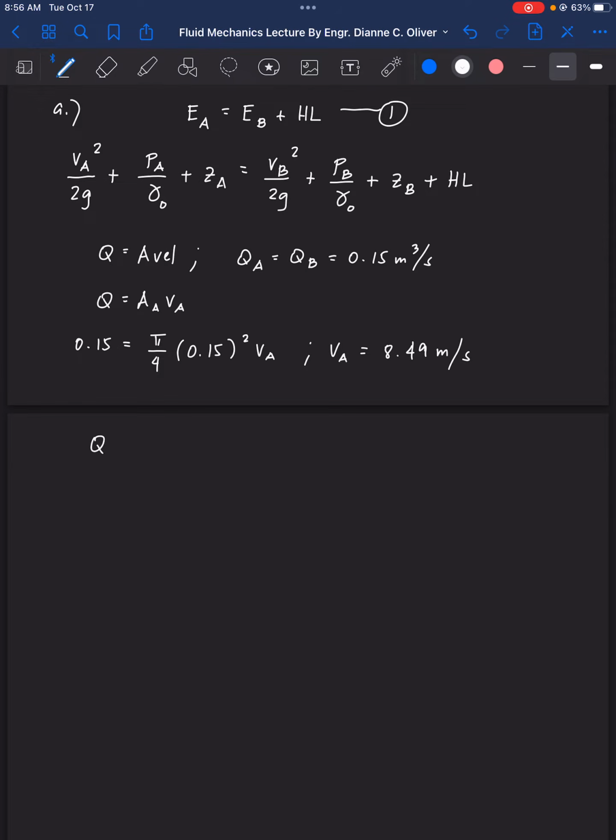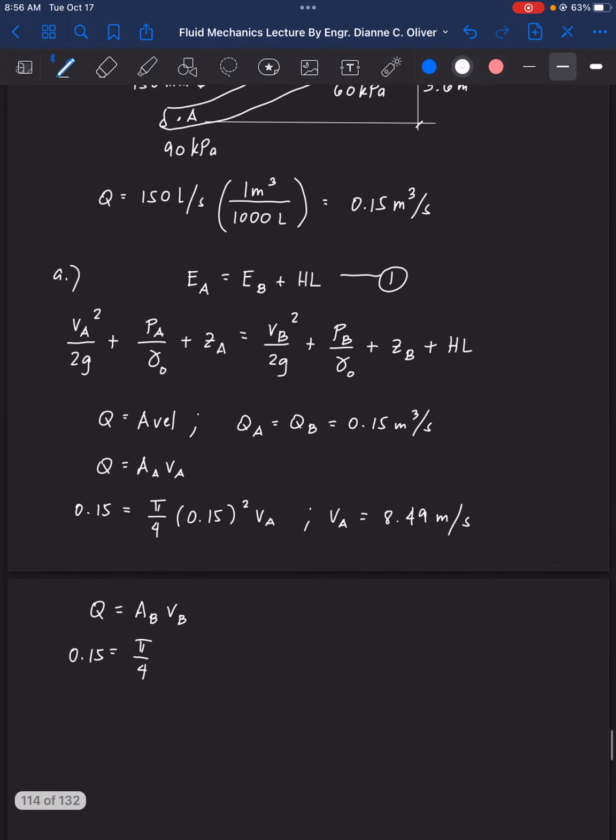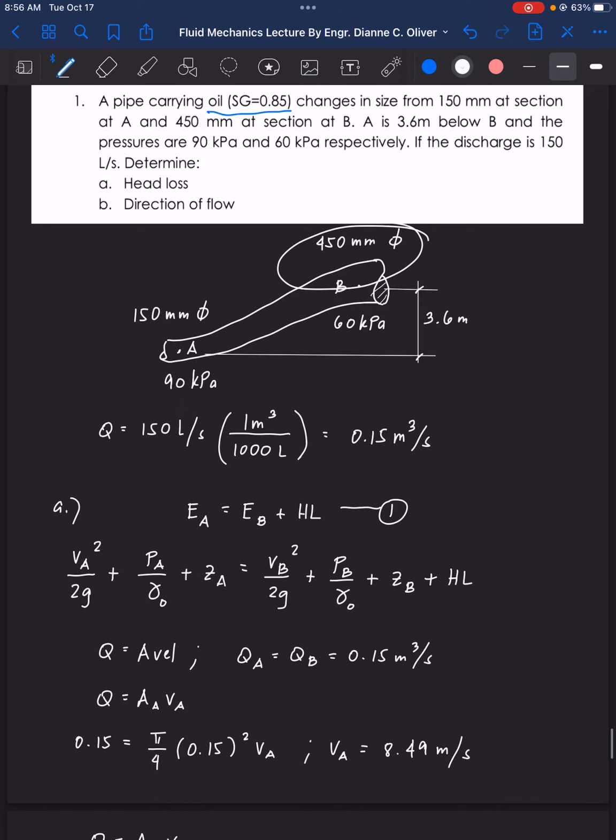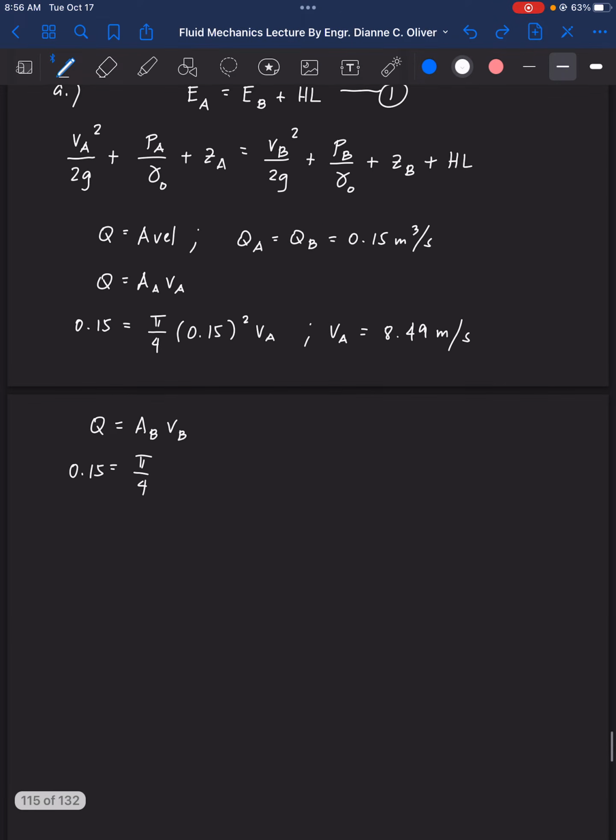For VB, Q equals AB times VB. So we have Q as 0.15 equal to pi over 4 times the diameter at B, that's 450 mm, 0.45 squared, times VB.